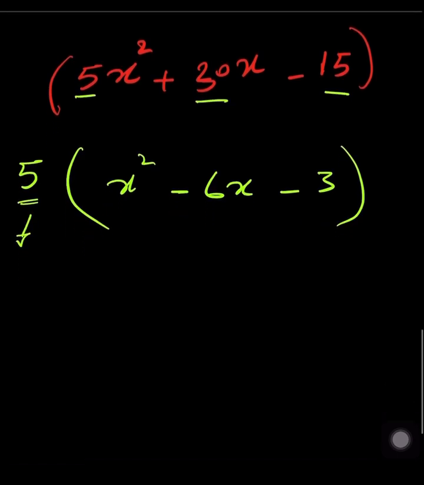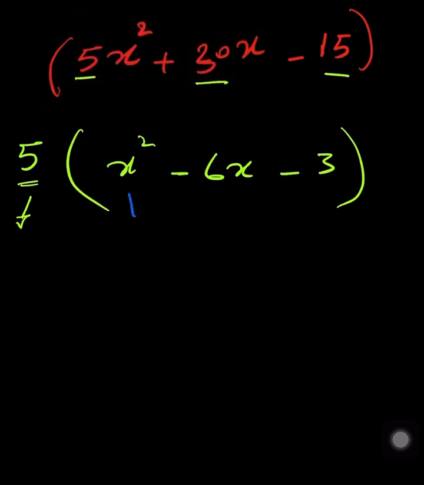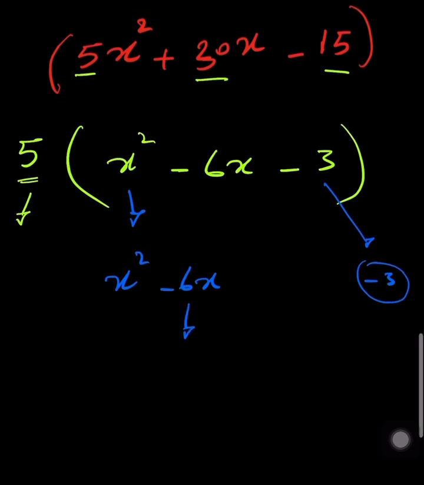So 30 divided by 5 is 6, so that's minus 6x, and minus 15 divided by 5, that is minus 3. And now what we have to do is deal with the bracket inside as if it was a separate question, and then once we're over, we just multiply by 5 in the bracket.